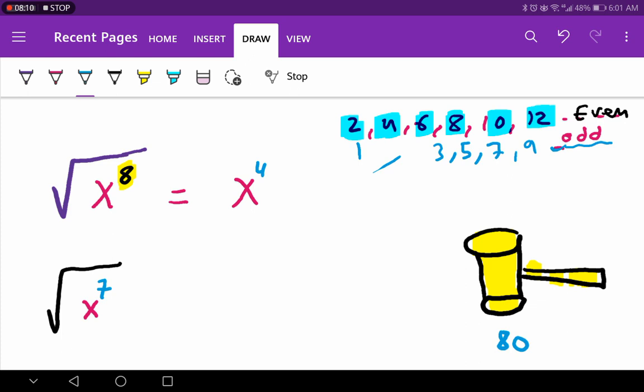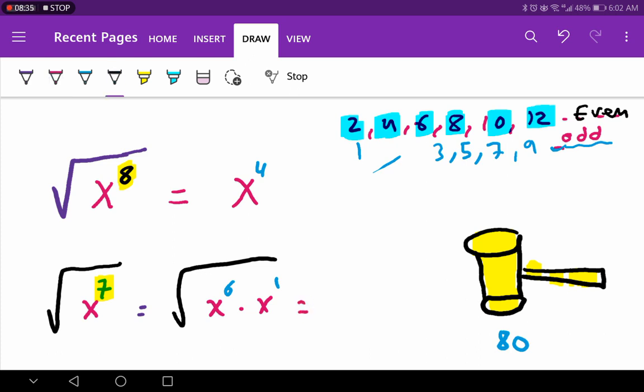Okay. If you have an odd number, you can break this. You can call it x with power 6 multiplied by x with power 1. What I did here, I broke it, and I know my advantage here by using the radical.